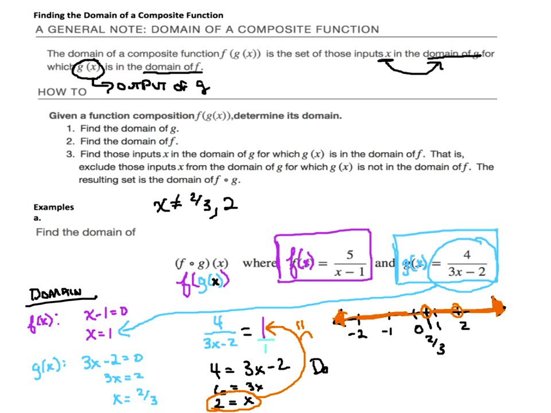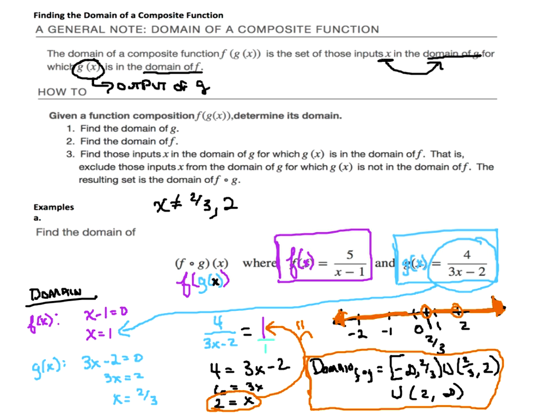So the domain of f composed with g is from negative infinity up to 2/3 non-inclusive, or I can be between 2/3 and 2, or I can go from 2 to positive infinity. There's your domain. Let me just box it.